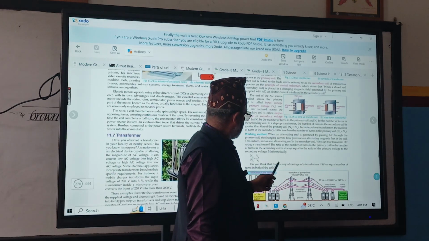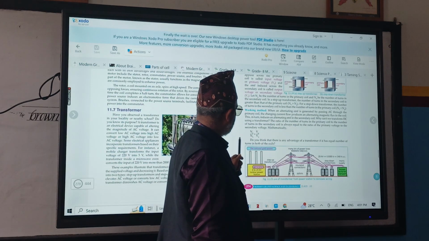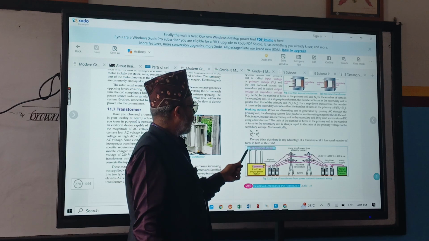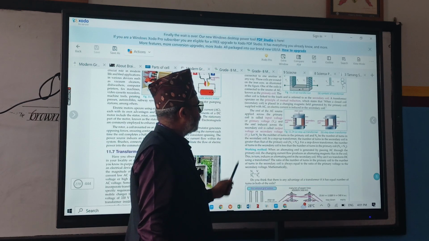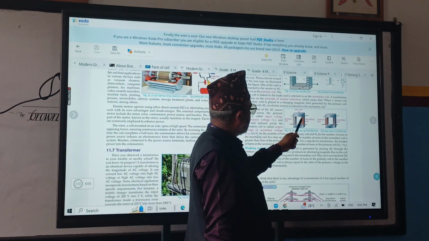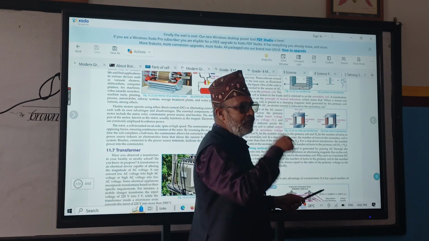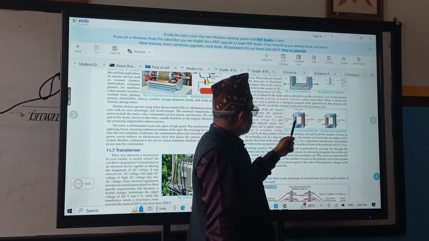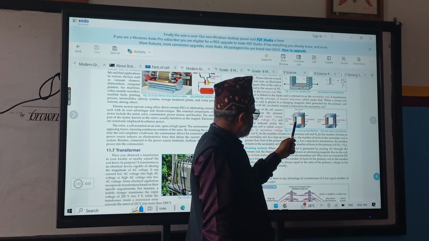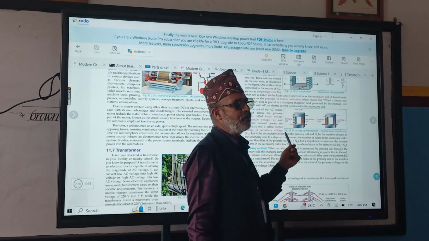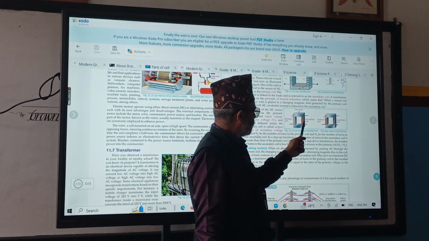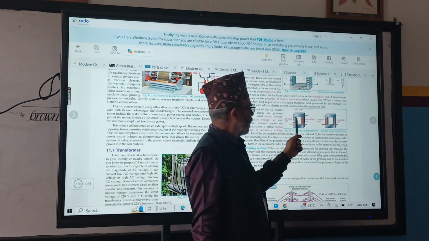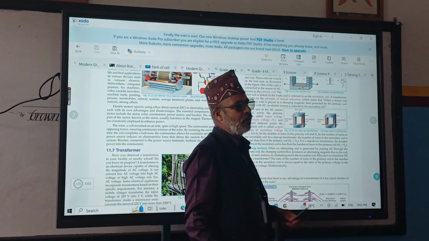And here one formula is mentioned: NP by NS. What are NP and NS? Here are the turns, can you see these windings? The turns on the primary side are primary turns; this one, secondary turns. Are the number of turns equal or unequal?